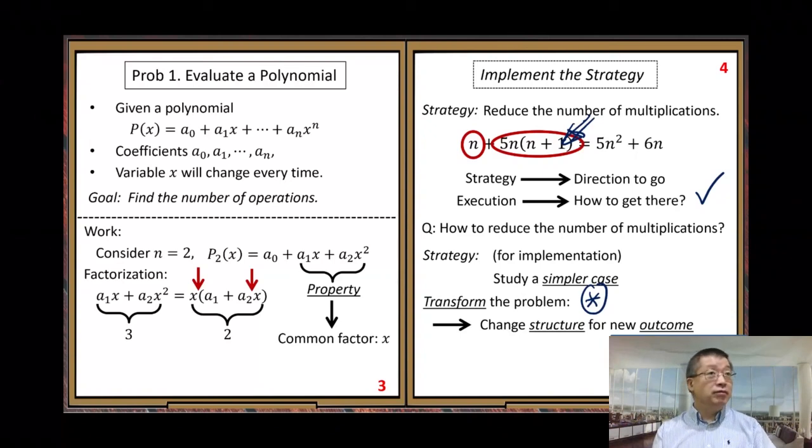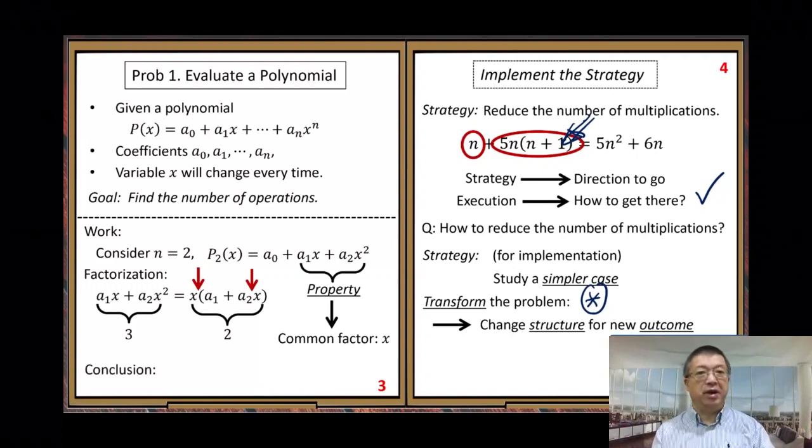Here, you can see the multiplication numbers on both sides are different. From 3 to 2, it is reduced by 1. How about this technique? Think about it. Then let us summarize our analysis at this point.